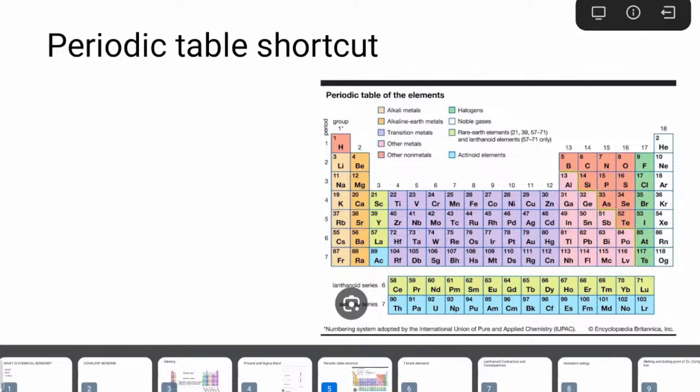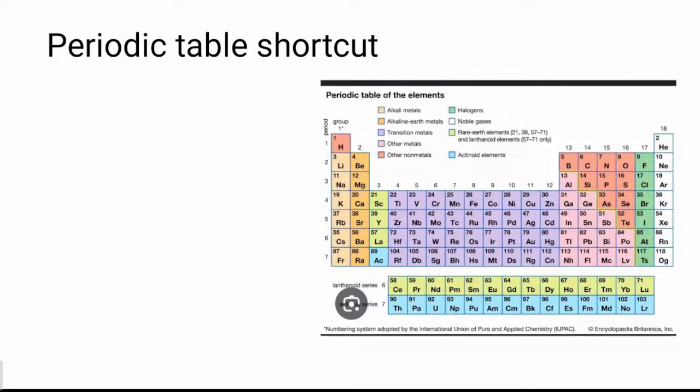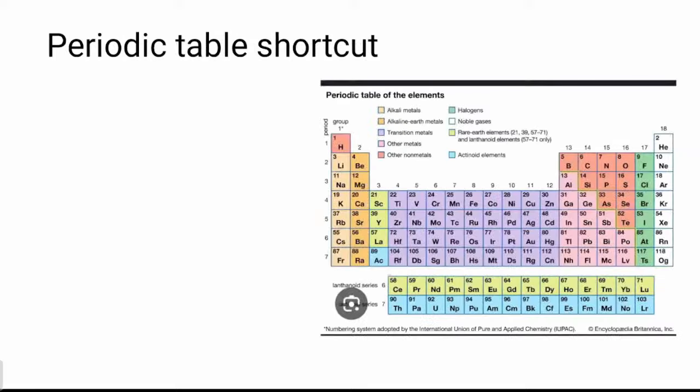Sorry, when I was saying that, Cu, Ag, Au are coinage metals, and ZnCdHg are D block elements but are not transition elements. So this is one exception about them.